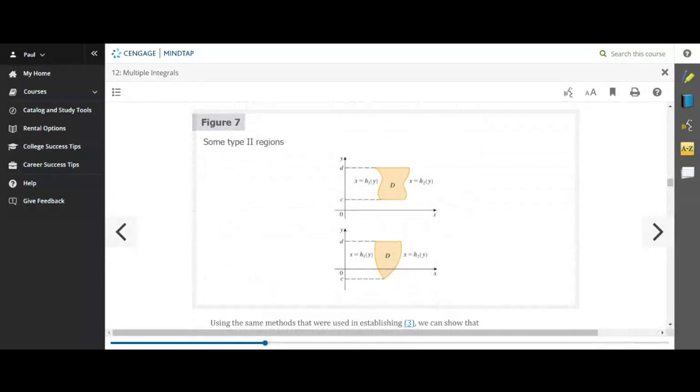Well, I guess you know that if we have a type 1 region, sure enough, there's going to be a type 2 region. Type 2 regions are where the region D is bounded on the left and the right by functions of y. If you're going to do a double integral over a type 2 region, are you going to integrate with respect to x first or with respect to y first?